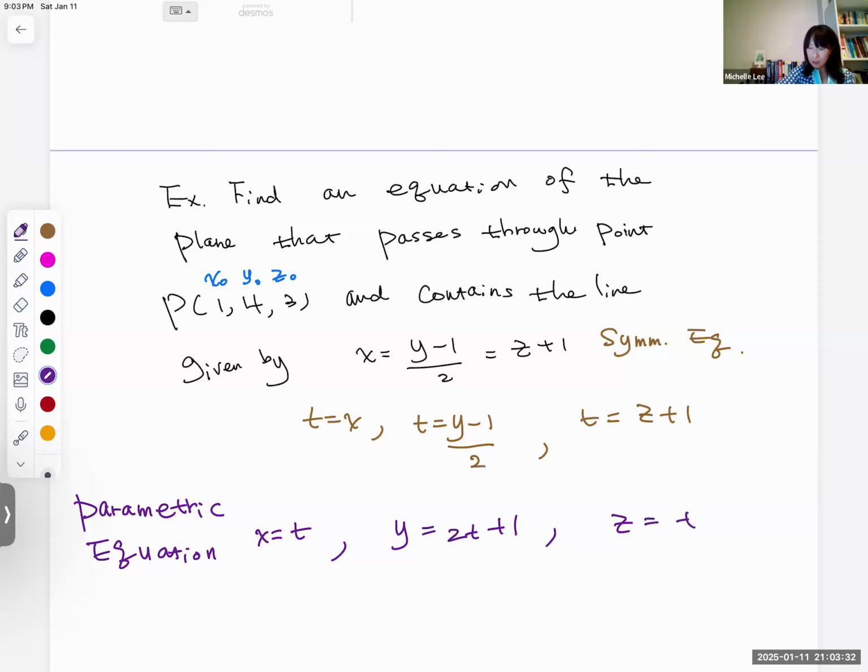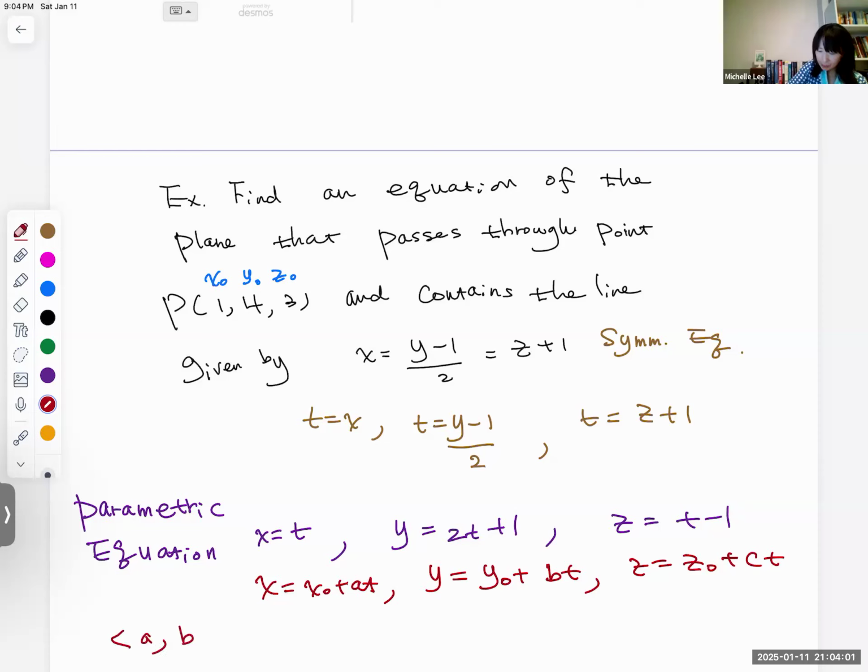So we have the form x equal to x naught plus at, y equal to y naught plus bt, and z equal to z naught plus ct. So a, b, c is the vector.